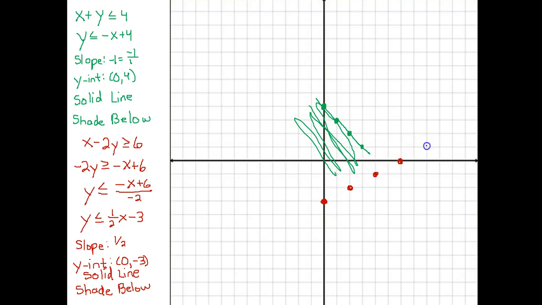Rise 1, run 2, and then again, and again. All right, go ahead and connect the dots on this one. And I know I'm going to shade this one below.